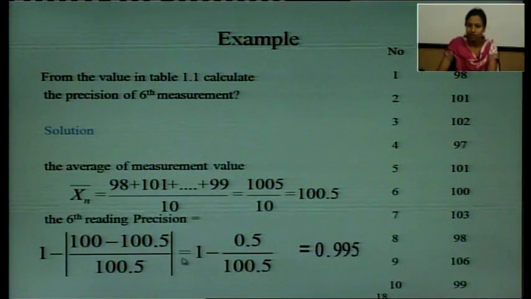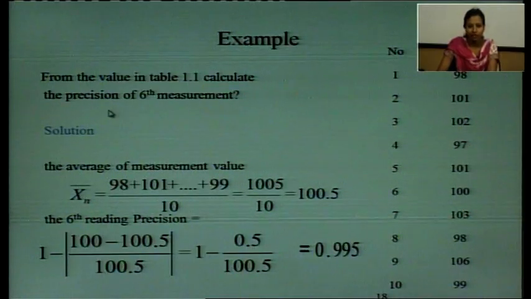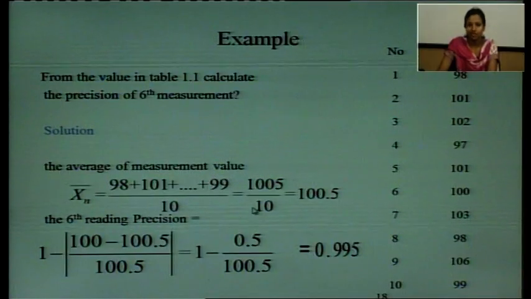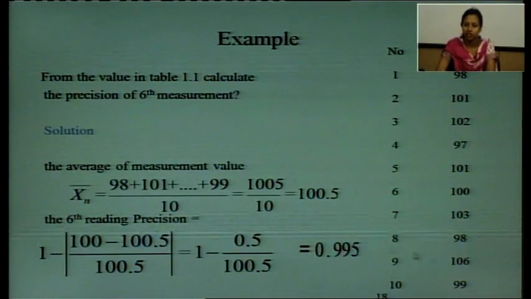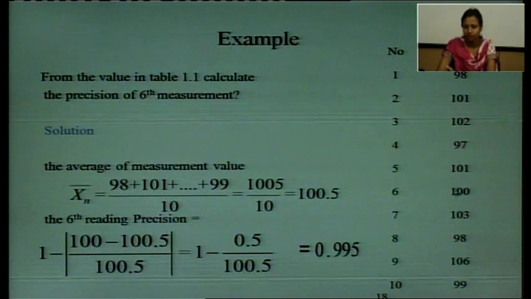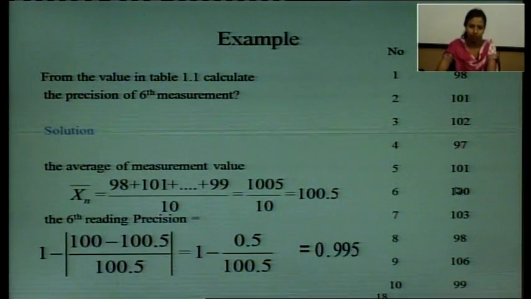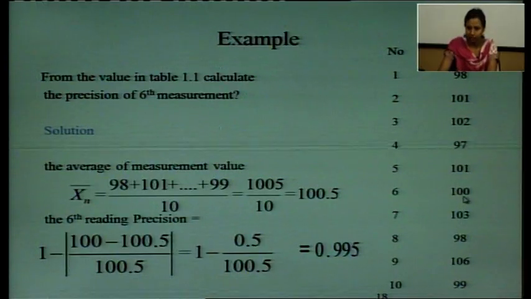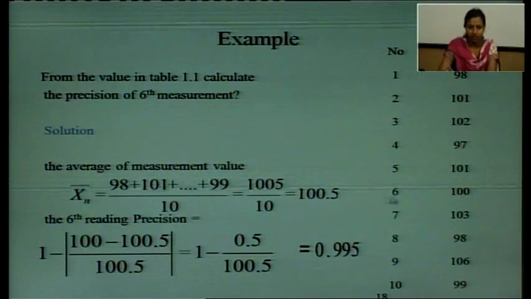So 1 minus (100 minus 100.5), where 100.5 is the mean value, divided by 100.5, is equal to 0.995. This is the precision in the 6th measurement. Precision means how accurate we are in measuring this physical quantity at the 6th time. The closer the quantity is to the actual value, the more precise we are in the measurement.